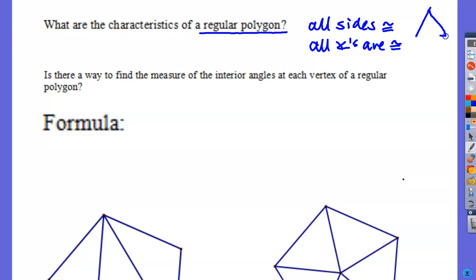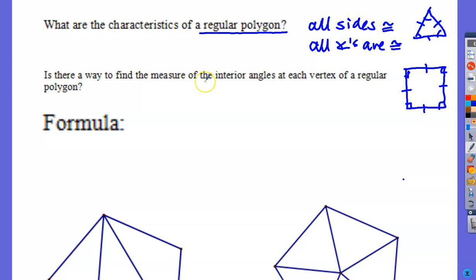So like an equilateral triangle is also a regular polygon. What would be a regular quadrilateral, a regular four-sided figure? All sides are the same, all angles are the same? Yep, it's a square. And then after that, we don't have special names other than just like a regular pentagon.